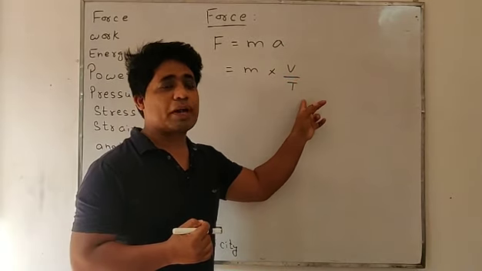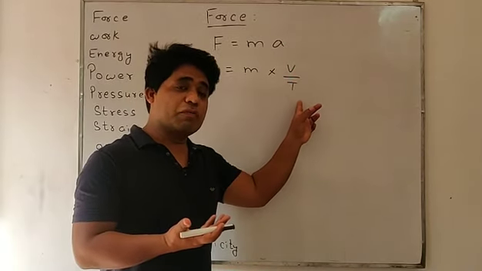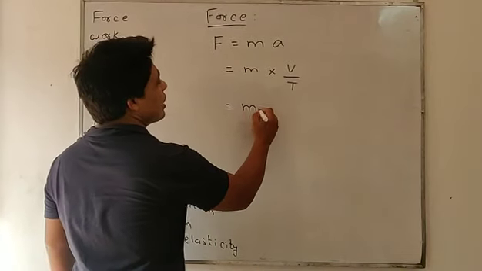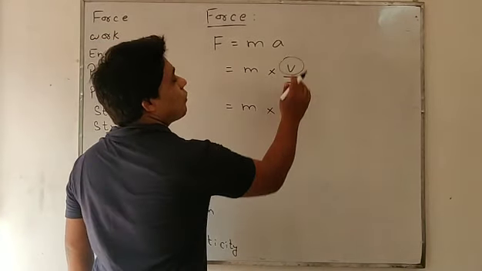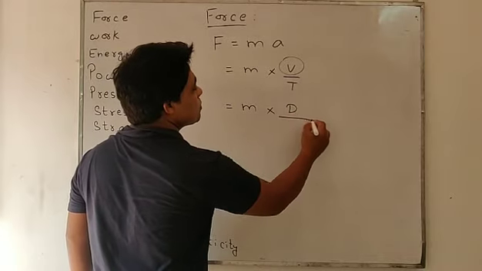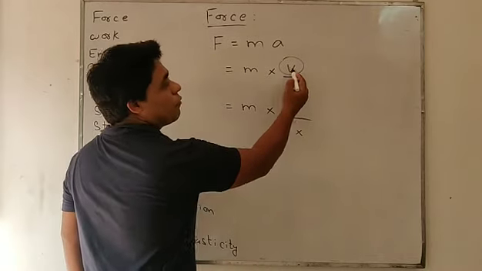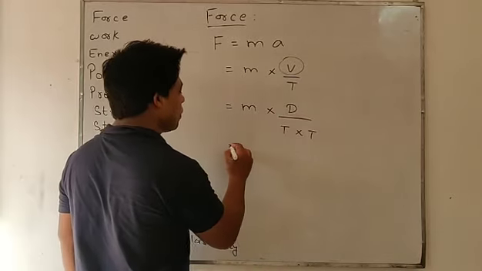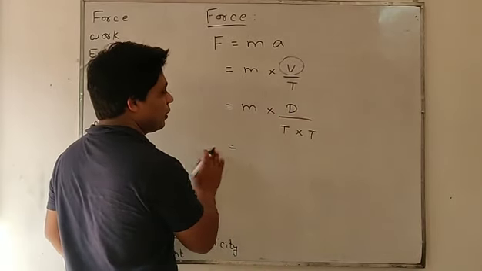The rate of change in velocity is called acceleration. Mass as it is, and velocity we can further open as displacement by time, written as d by t, and that time as it is. So now it is completed.